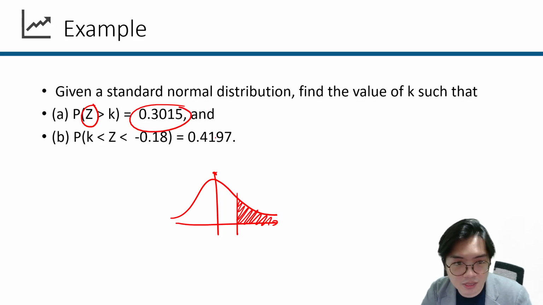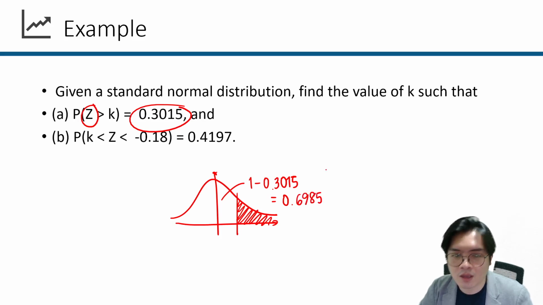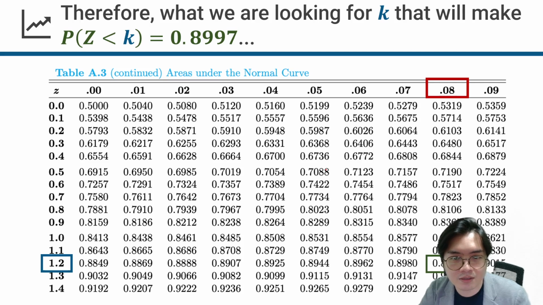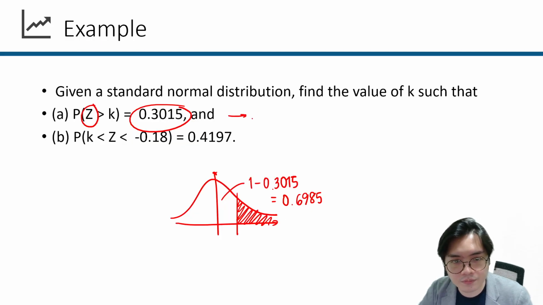We first need to invoke the law of inverses. 1 minus 0.3015 should be 0.6985. There it is. That is 0.52. There you go, k equals 0.52.